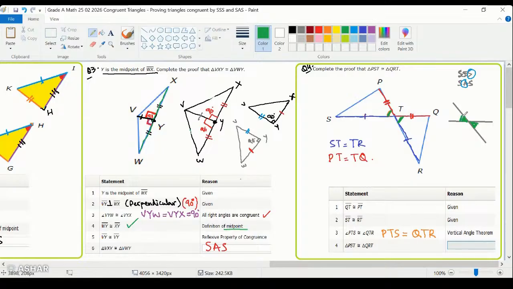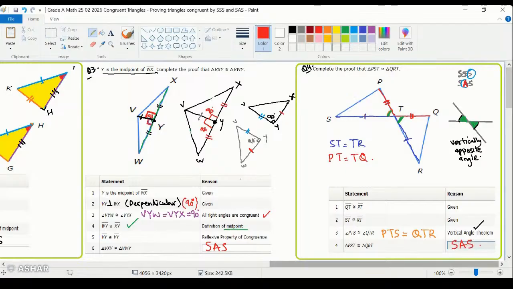Agreed? These are known as vertically opposite angles. So what they are doing is giving us two sides and one angle, right? So we can say the property of side angle side can be used.